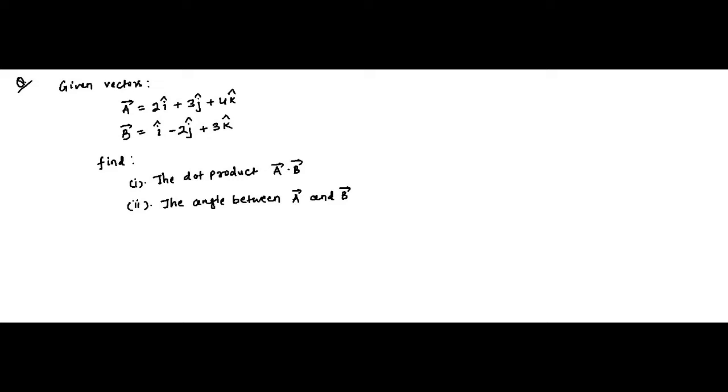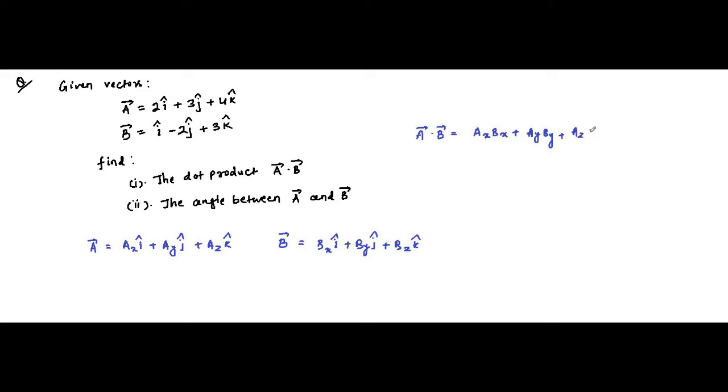Okay, so we have already discussed that whenever we have a vector expressed in terms of its x, y and z components like this, axi cap, ayj cap, azk cap, and let's say b vector is expressed as bxi cap, byj cap and bzk cap, the dot product a vector dot b vector will be simply ax bx plus ay by plus az bz.